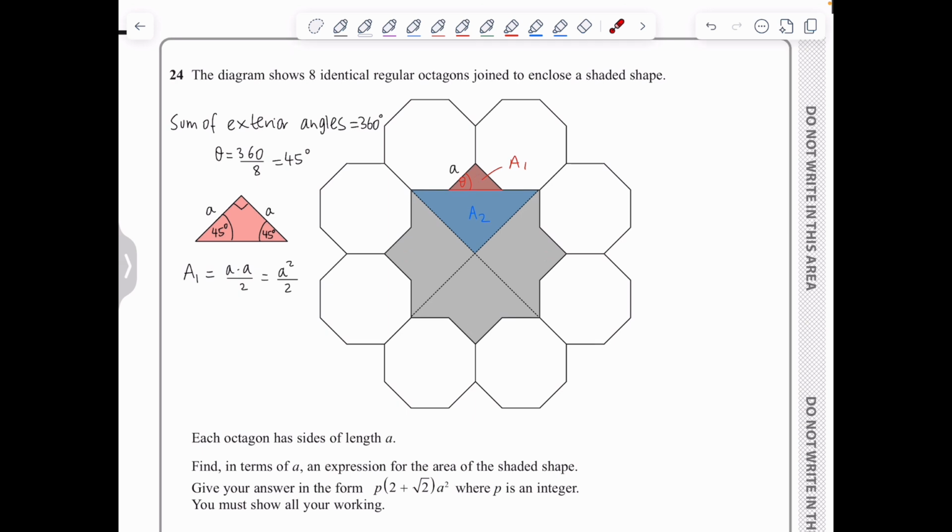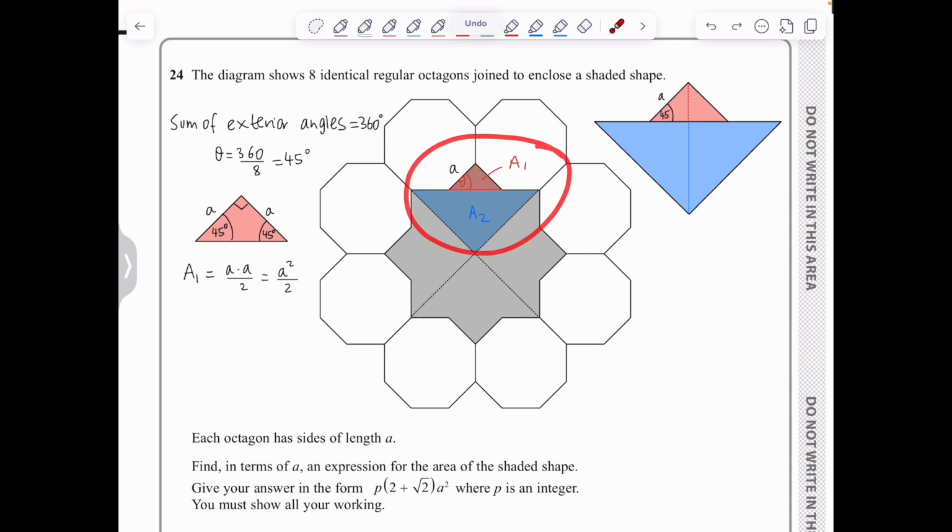I will now focus on triangle A2 to obtain an expression in terms of a for the area A2. So let me extract this whole situation here on the right hand side. We know that this side here is a and this side here is also a. Remember, I'm trying to obtain an expression for the base and then the height so that I can proceed with A2.